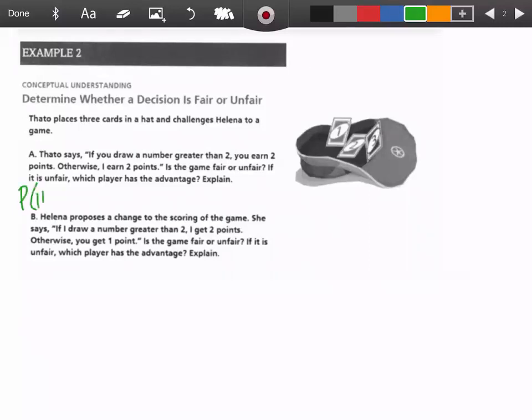Because Helena's playing the game, we're going to figure out the probability that Helena earns 2 points. That means she gains 2 points. Well, she gains 2 points if she picks a number greater than 2. The only number that's greater than 2 is 3, so that's 1 out of 3 possibilities. Then let's find the probability that Helena loses 2 points.